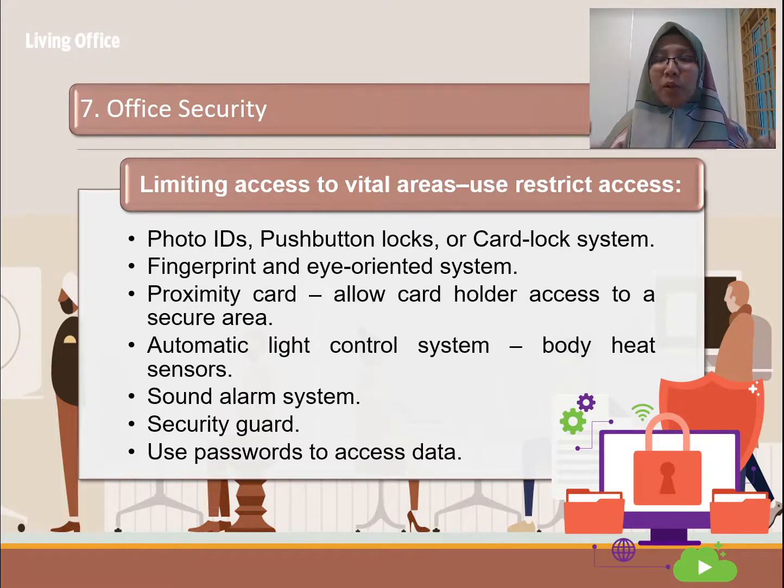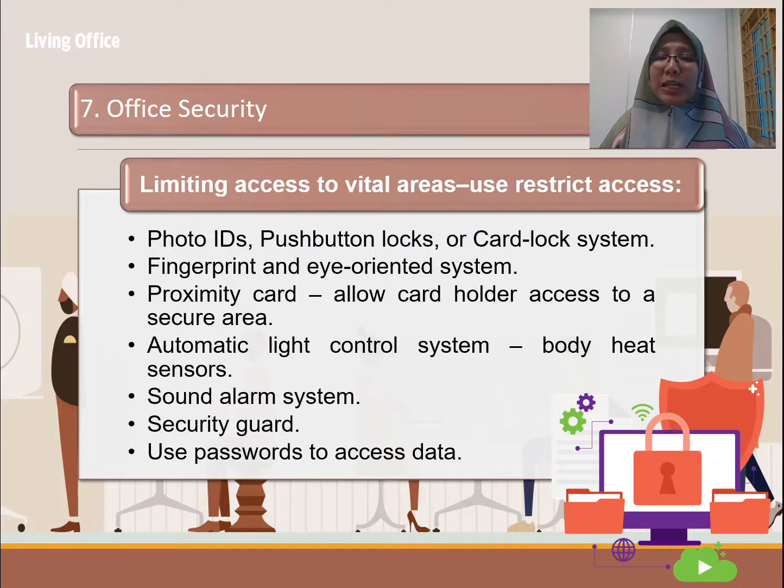When you watch a movie, they are using this kind of system, and then you are using a proximity card. Okay, so the proximity card allows the card holder access to a secure area, and then you use the automatic light control system, for example, a light control system that can read the body heat sensor.